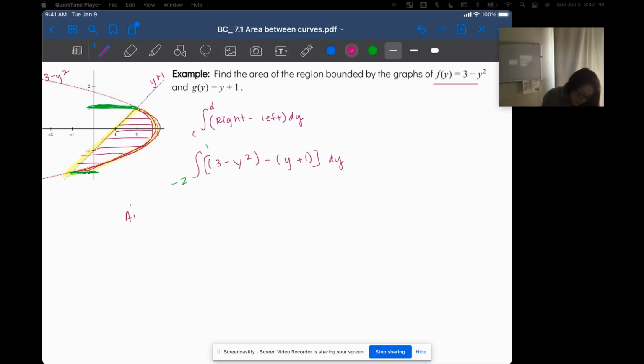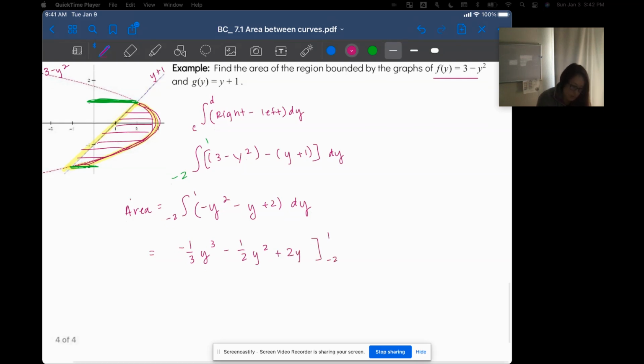Now we simplify. The area is equal to the integral from -2 to 1 of negative y squared minus y plus 2 dy. So we get negative 1/3 y cubed minus 1/2 y squared plus 2y, evaluated from -2 to 1.